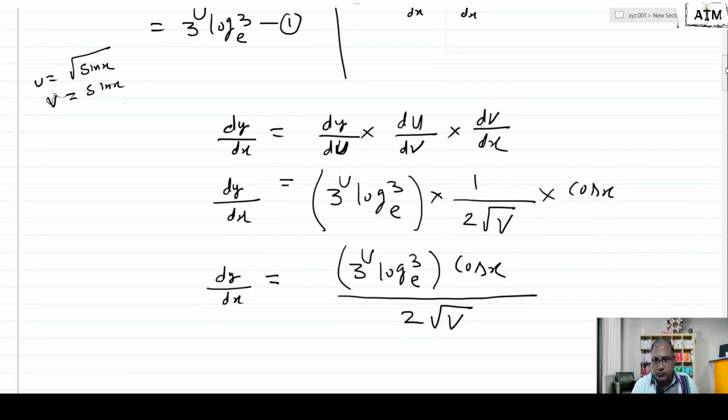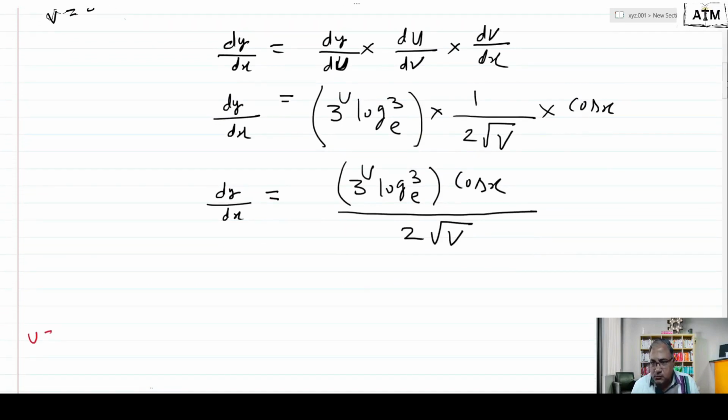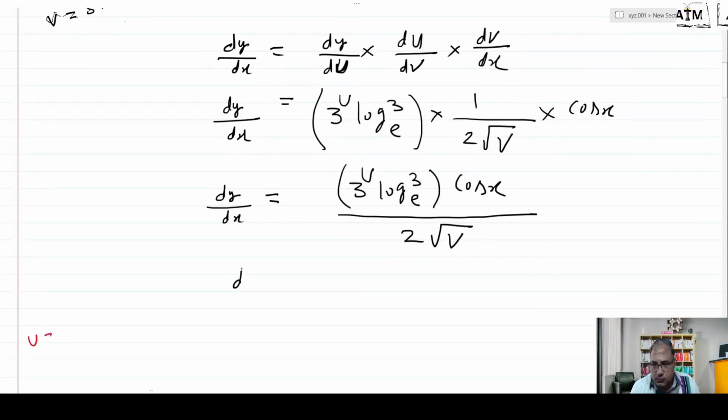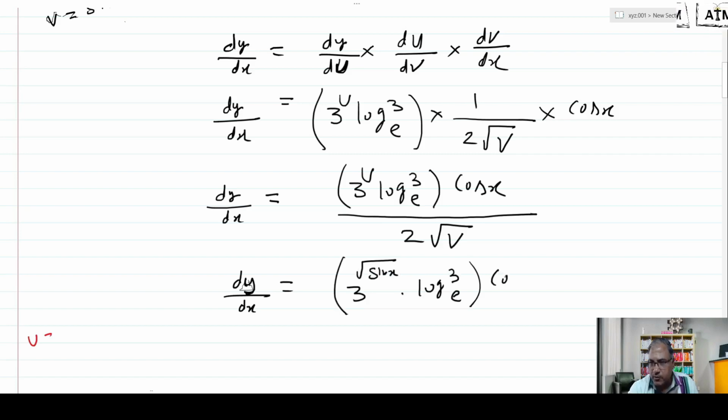putting back the values, u is nothing but under root of sin x, dy by dx equals 3 raised to under root of sin x log 3 to the base e multiplied by cos x divided by 2 root sin x.